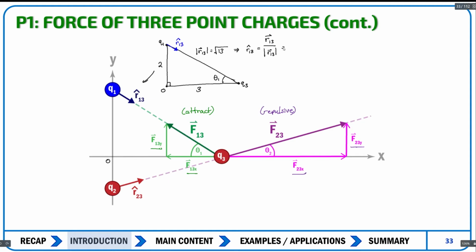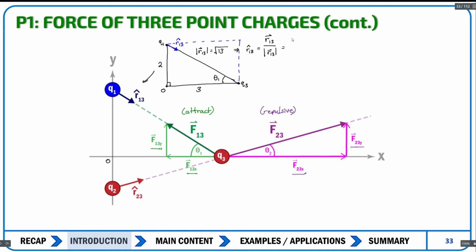So the vector R13 is going to be, we'll have to take a look at it, but the way we create this vector from Q1 to Q3 is going towards the right by 3 and going down by 2.